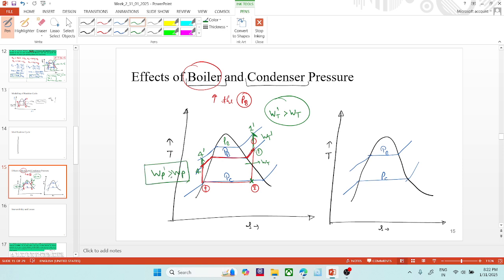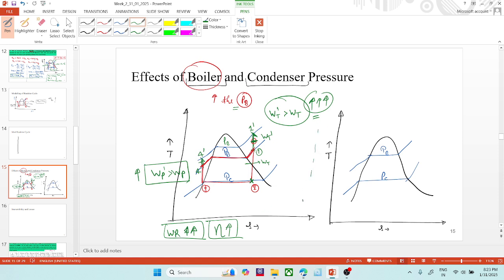But this increment is far lesser than this increment. As you can also analyze from here, this increment is much more than this increment, so that the overall work ratio would be increased and the efficiency will also be increased. So we can say by increasing the boiler pressure, the work ratio and the efficiency would be increased.